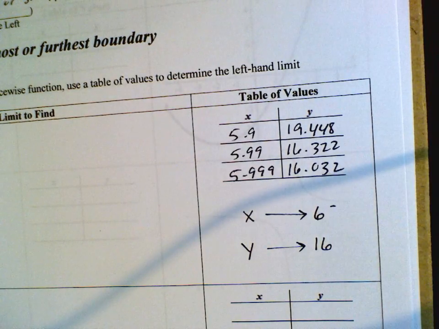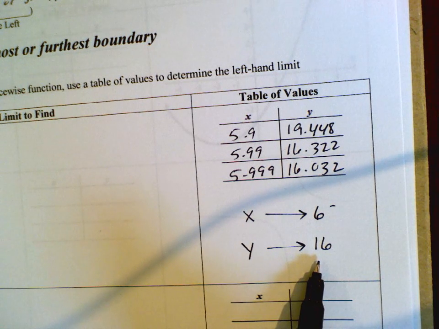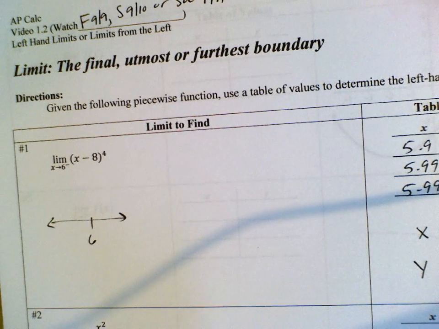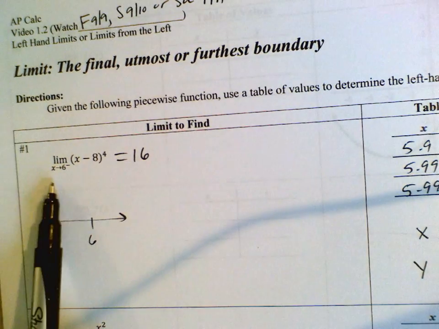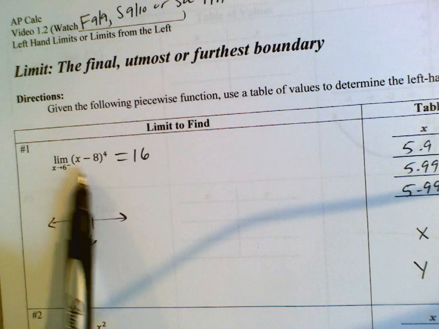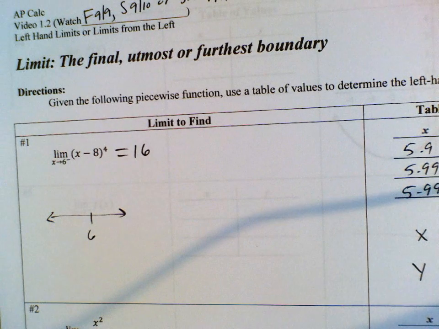As long as my x's are getting closer to 6, my y's are getting closer to 16, but they're not going to pass it as long as I'm to the left of 6. Okay, guys, so the answer is 16. The limit as x approaches 6 from the left of (x minus 8) to the 4th equals 16. Okay, two more examples, and then we're going to have a back page also.